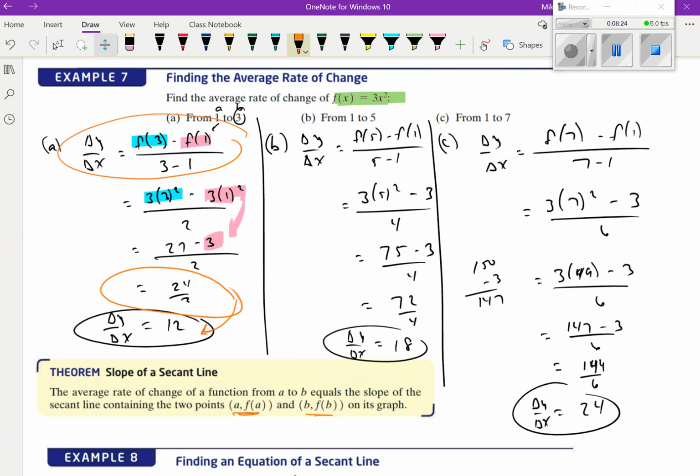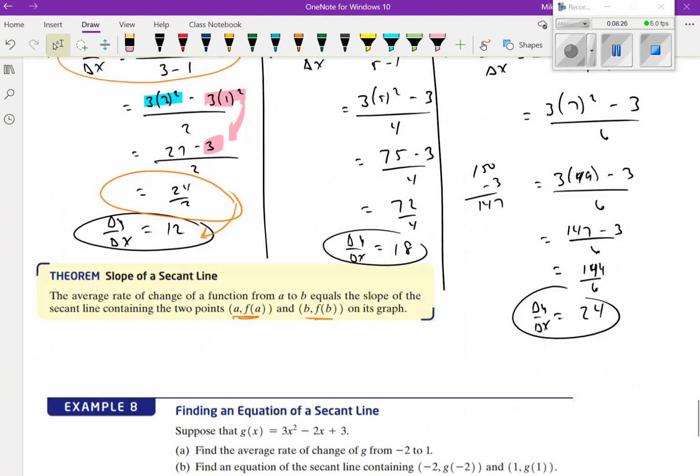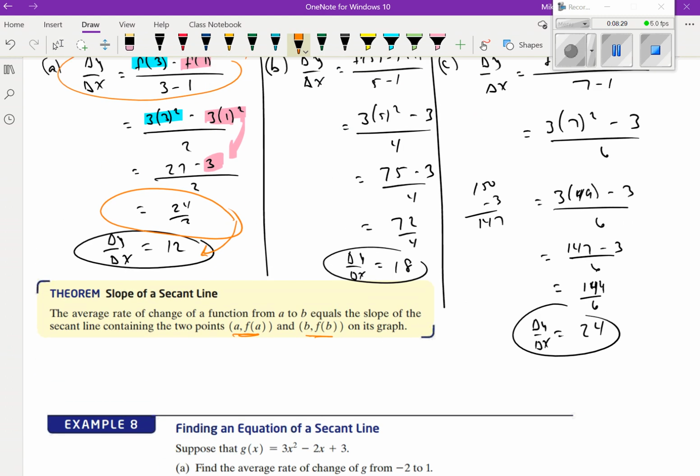If I take a look at those a little bit further down here, my y's are the f values, so f of B minus f of A. Those are my y values. My change in my x's then would be B minus A. So that's change in y over change in x. So a secant line is just a line that crosses a graph at 2 specific points. So we take those 2 points, if we calculate the slope, that is the slope of a secant line.